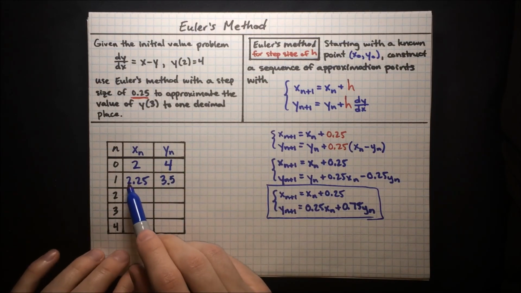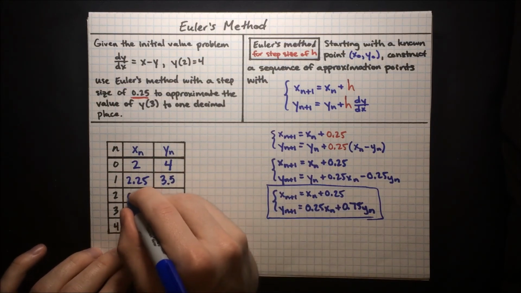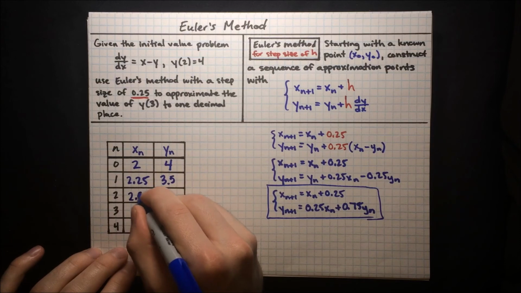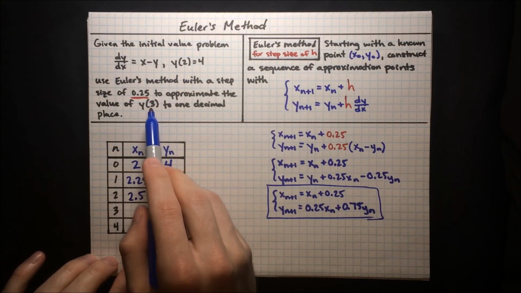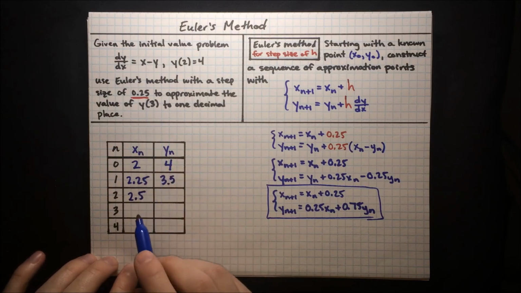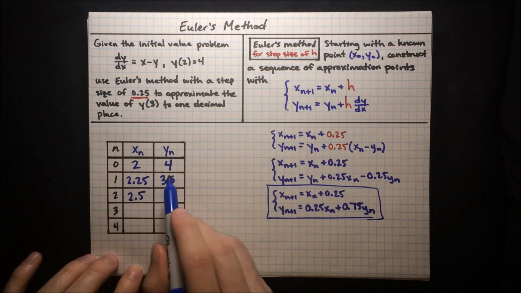So now we just increase x again. So x increases by 0.25. Now we're at 2.5. And we want to keep going until we reach x equals 3, because that's the thing that we want to approximate. So x is 2.5 right now, and we can use our previous point to compute y.